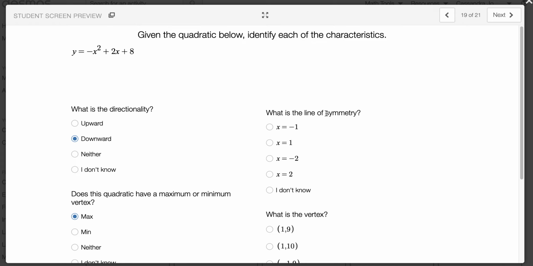The line of symmetry is where you will need to plug your b and your a into the formula. So we have x equals negative 2 over 2 times negative 1. We end up getting our line of symmetry as x equals 1, since negative 2 divided by negative 2 is positive 1.